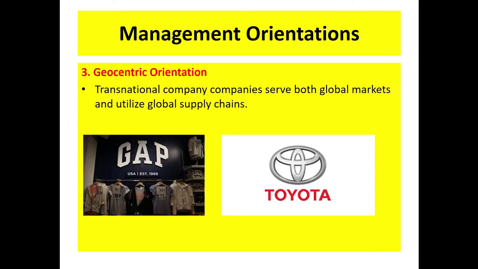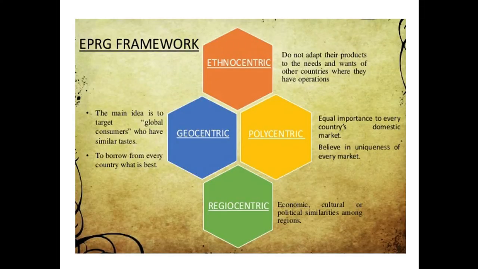Okay, to sum it up, in the EPRG framework, if we speak of the ethnocentric orientation, they do not adapt the products based on the needs and wants of other countries where they operate. In polycentric, they believe that each market is unique. Therefore, they adapt their products based on the country where they operate.